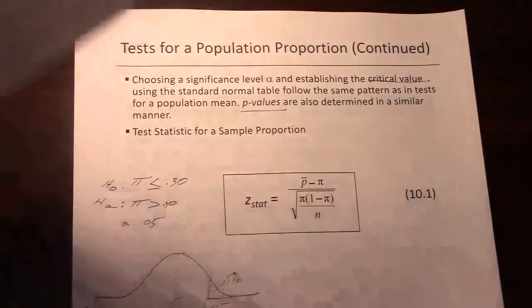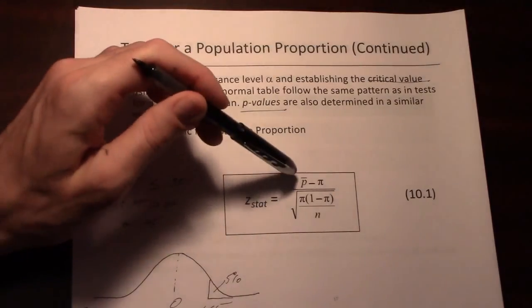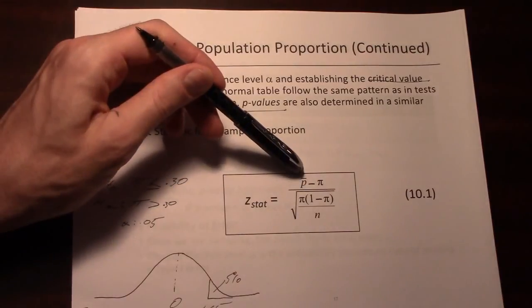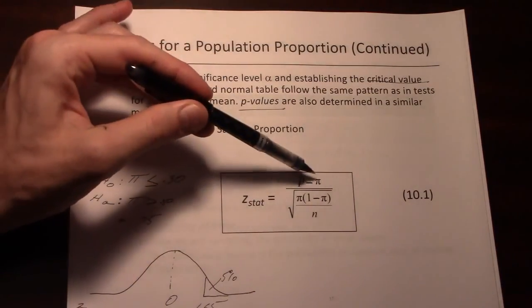Pretty straightforward, pretty similar to what we did last time. And the way we'll calculate our test statistic for a population proportion is we will look at the difference between our sample proportion, this p with a bar above it, and the population proportion.